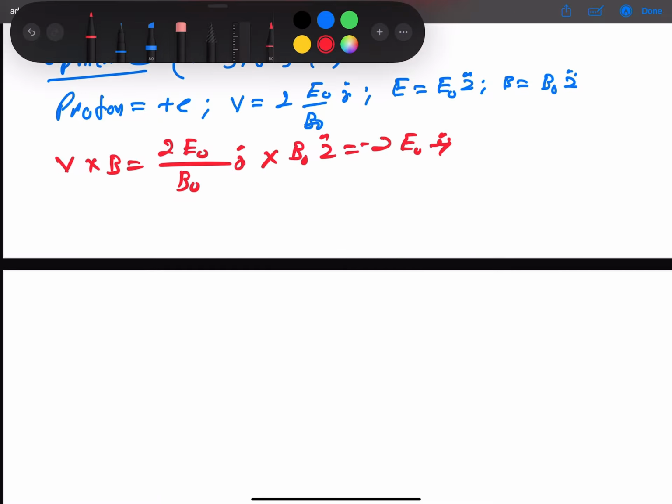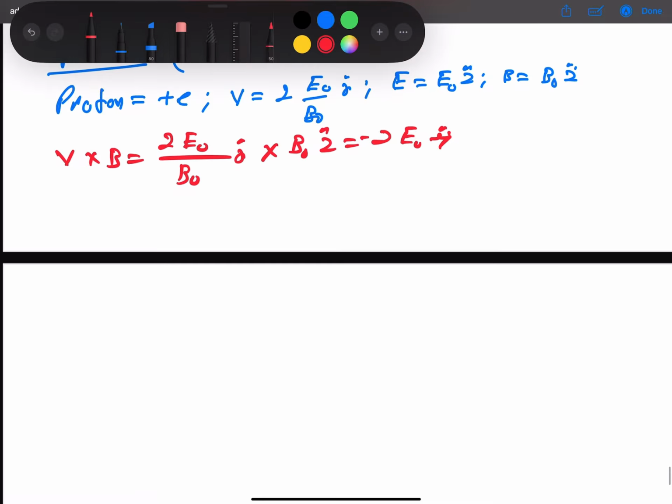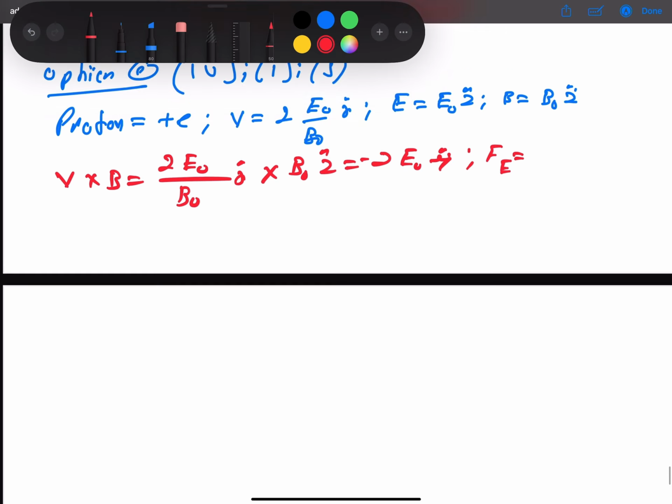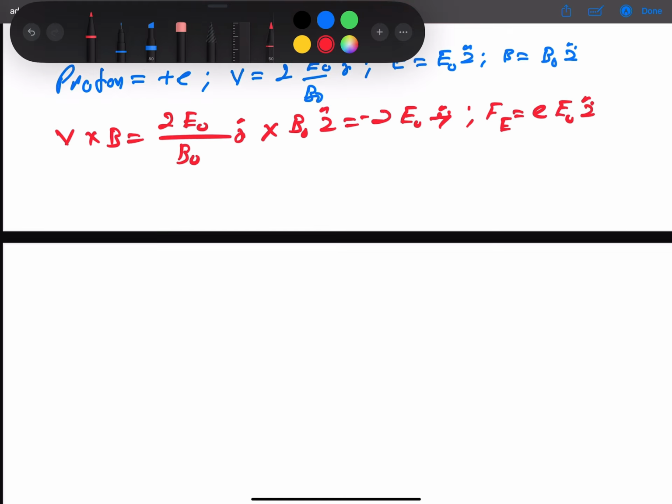So therefore force, and we can say our electric force Fe will be equal to E multiplied by E naught Z unit vector. And from here also we can see our cross product is not equal to 0.